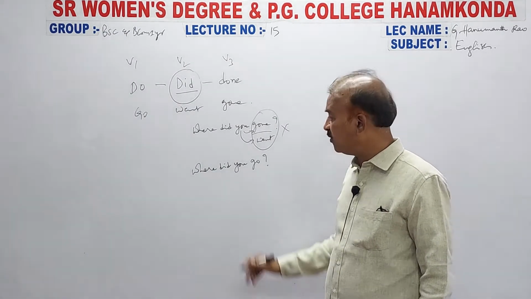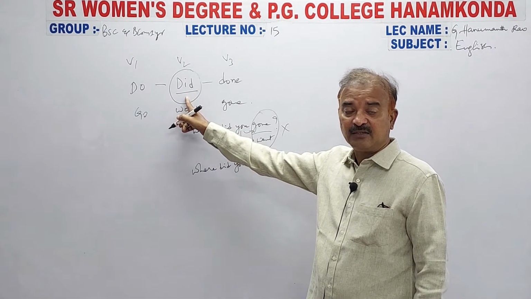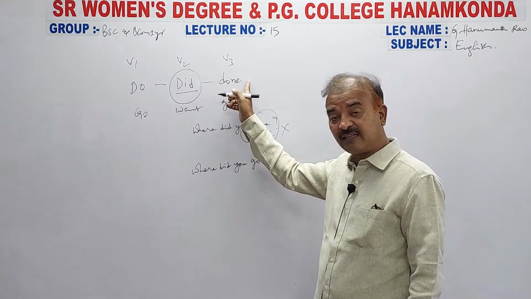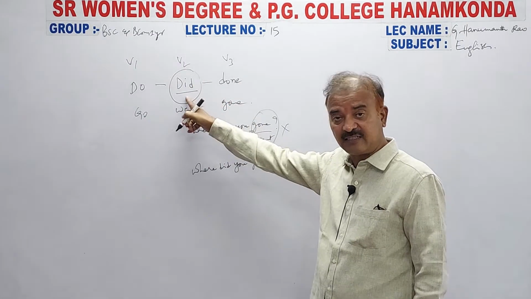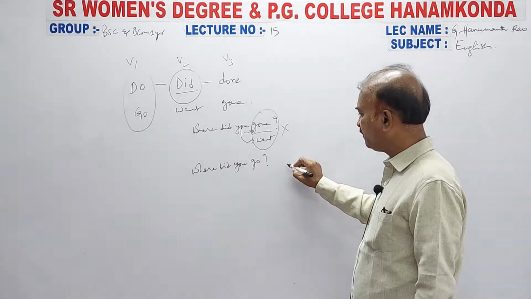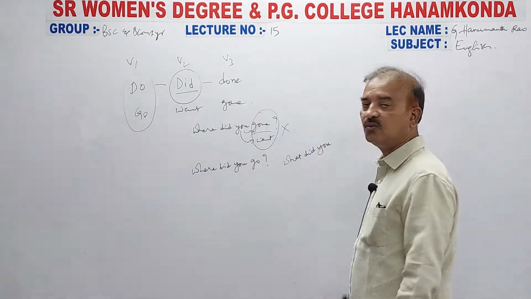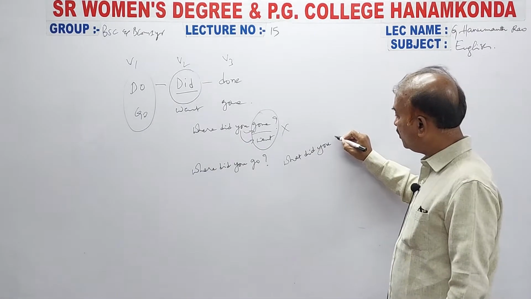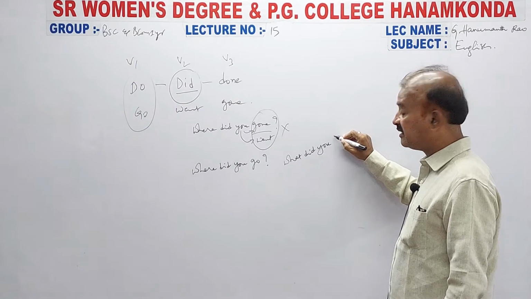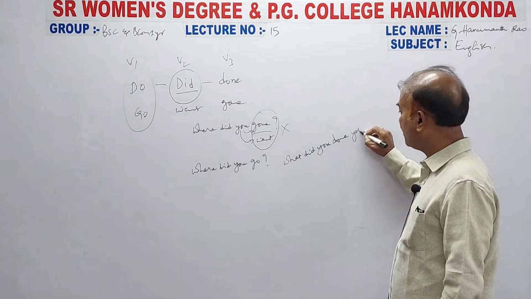Okay. So whenever you use did in the sentence, the verb that follows after this should be taken from this V1. For example, what did you, check this one. Sometimes students do this, what did you done yesterday?